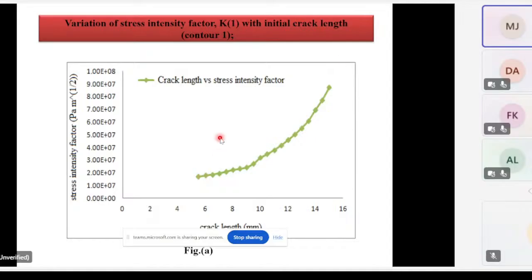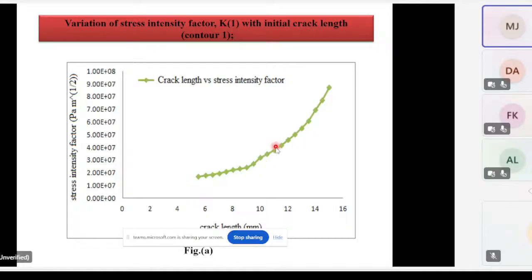If you recall the Paris law, da/dN is equal to A into delta K raised to the power n, then it is a parabolic equation or some kind of multimodal, exponential equation. But here you can find that there are certain changes too.